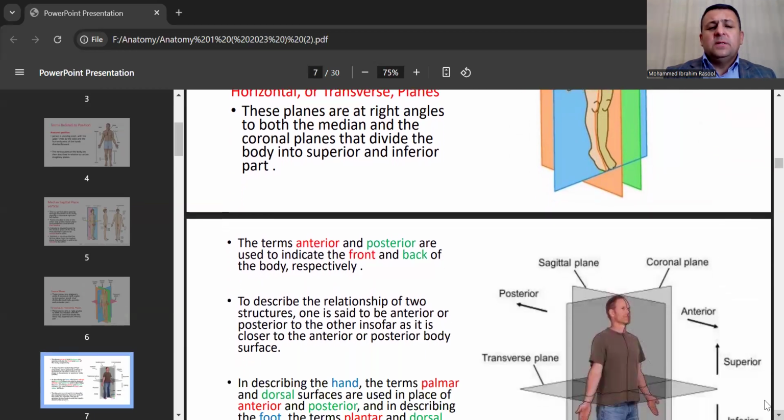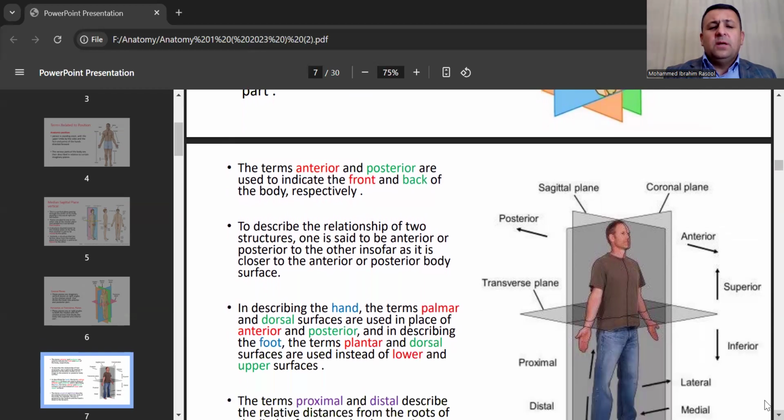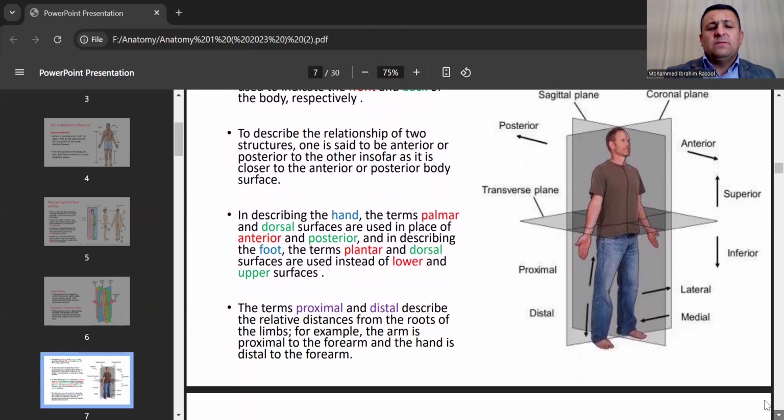The terms anterior and posterior are used to indicate the front and the back of the body, respectively. To describe the relationship of two structures, one is said to be anterior or posterior to the other in so far as it is closer to the anterior or the posterior body surface.